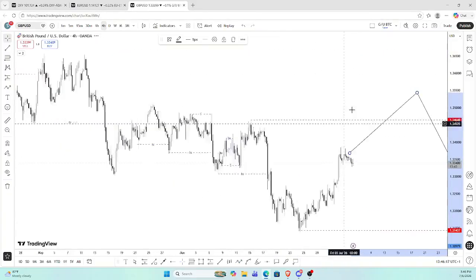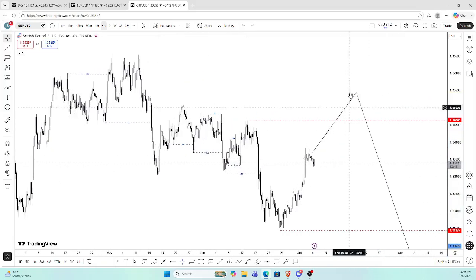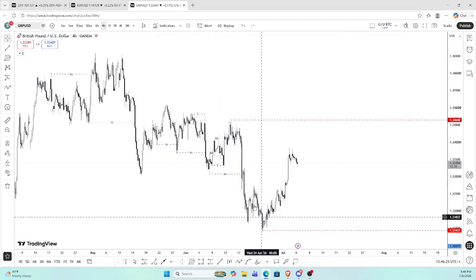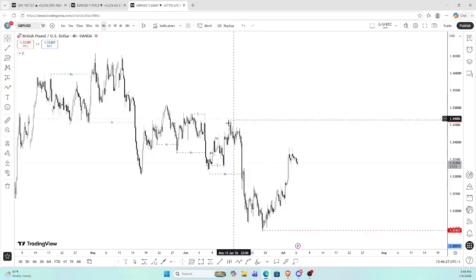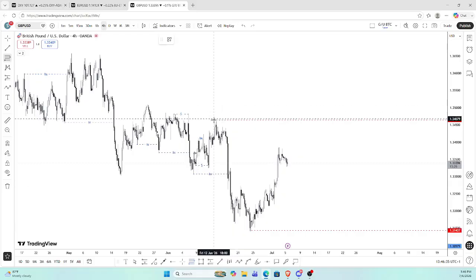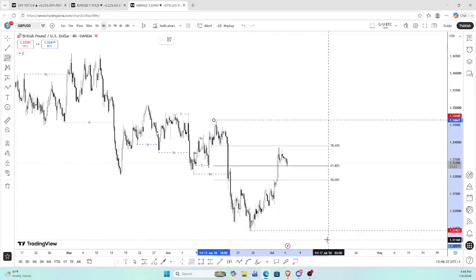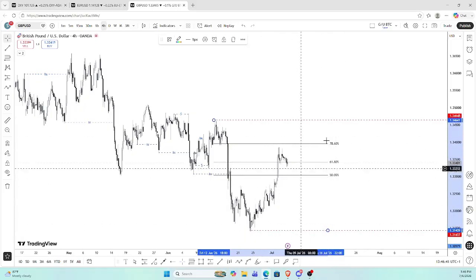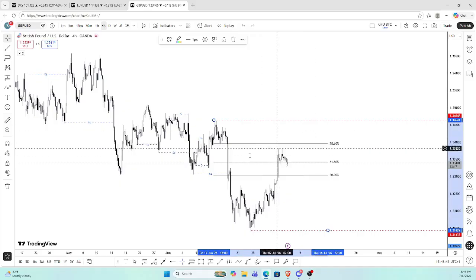Let's head over to the 4-hour. On the 4-hour, we can see that we have this swing high and this swing low. Currently price is still bearish. If we look carefully, you can see that price has retraced to around the 61.8 and 78.6 Fibonacci levels.